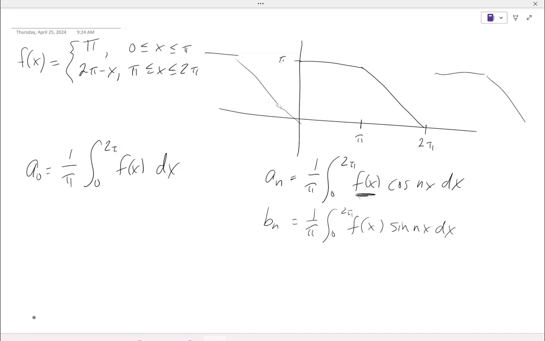So remember that the pi on the bottom was the integral from 0 to 2 pi of cosine squared of nx dx and sine squared nx dx, right? That was where the pi came from. We have to divide that out when we're doing our projections.